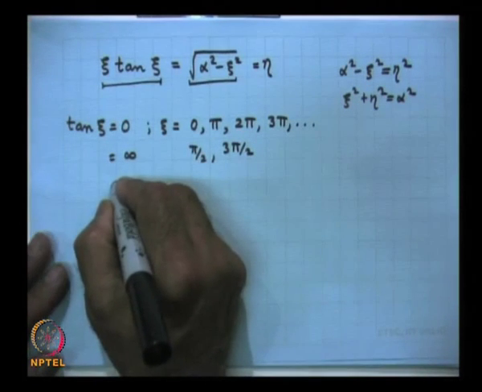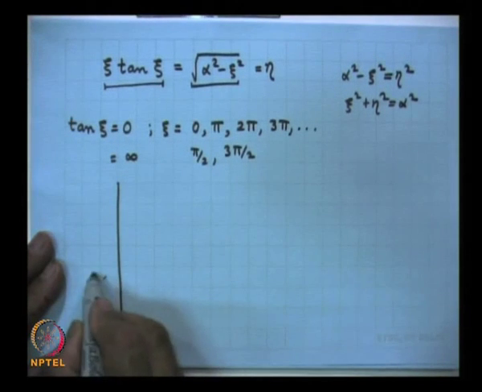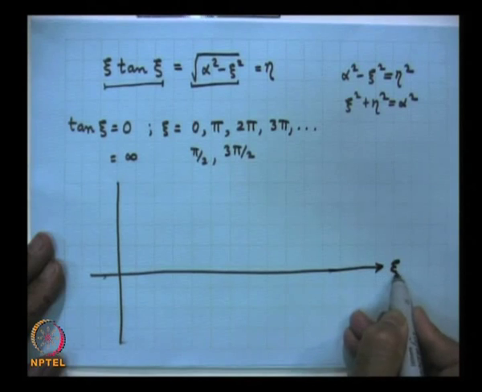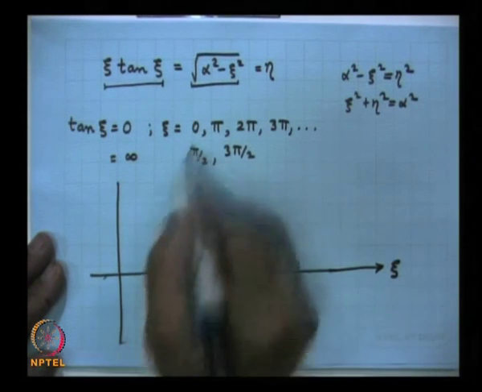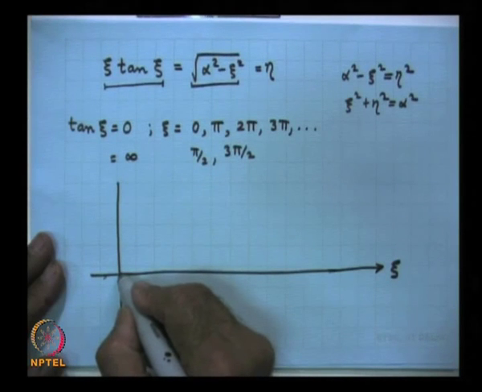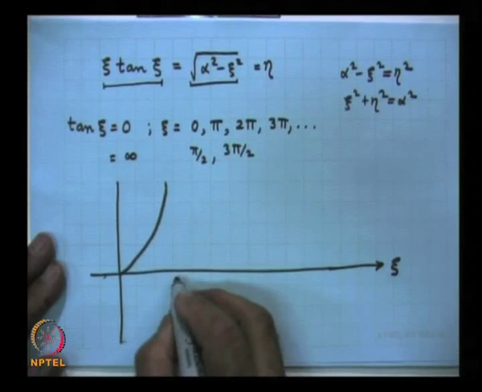So, let me plot this carefully. I have here the horizontal axis as xi. At xi is equal to 0, it is 0 and it will go to infinity at pi by 2.